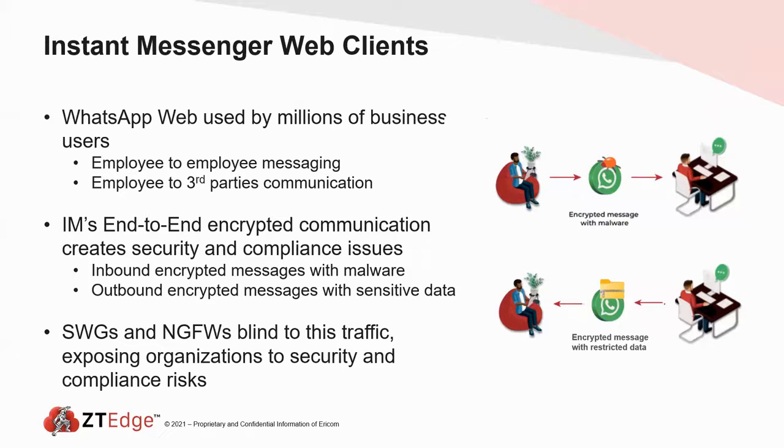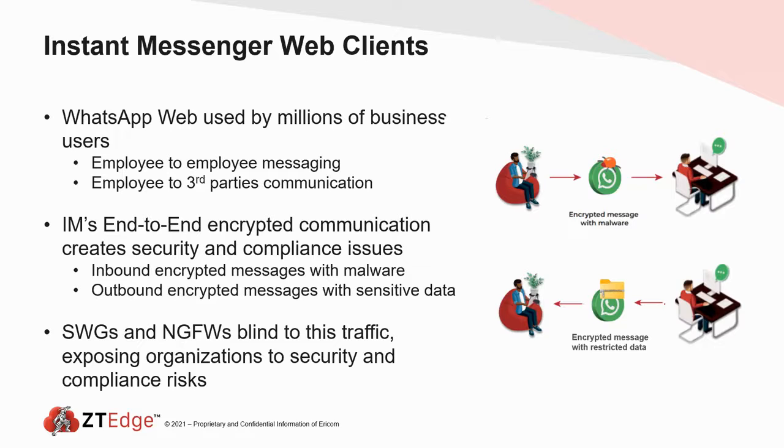Fortunately and unfortunately, the communication of WhatsApp Web is end-to-end encrypted, which means there is no way for anybody to see the data that's being passed from the web client via the WhatsApp Web server infrastructure to the recipient of the particular message. Now that's great for privacy, but that also creates some challenges for organizations who are trying to protect their infrastructure.